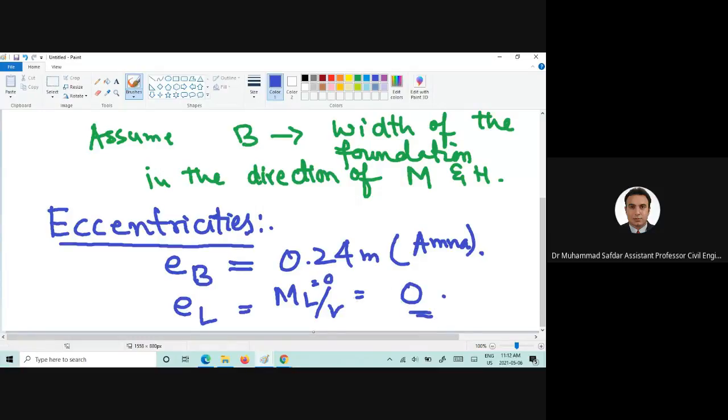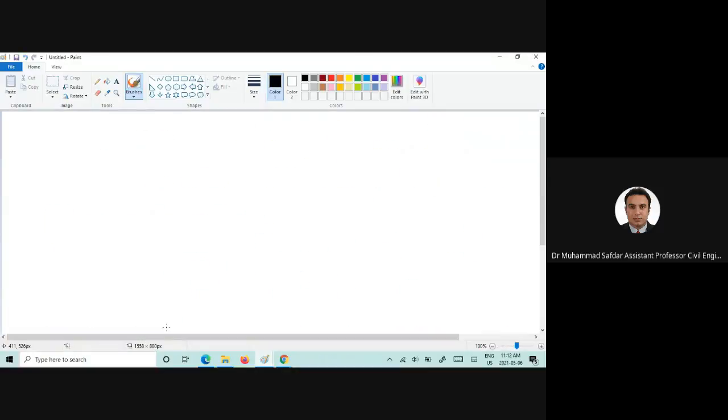So EL will become equal to 0 because the ML is equal to 0. Now that was about the eccentricities.